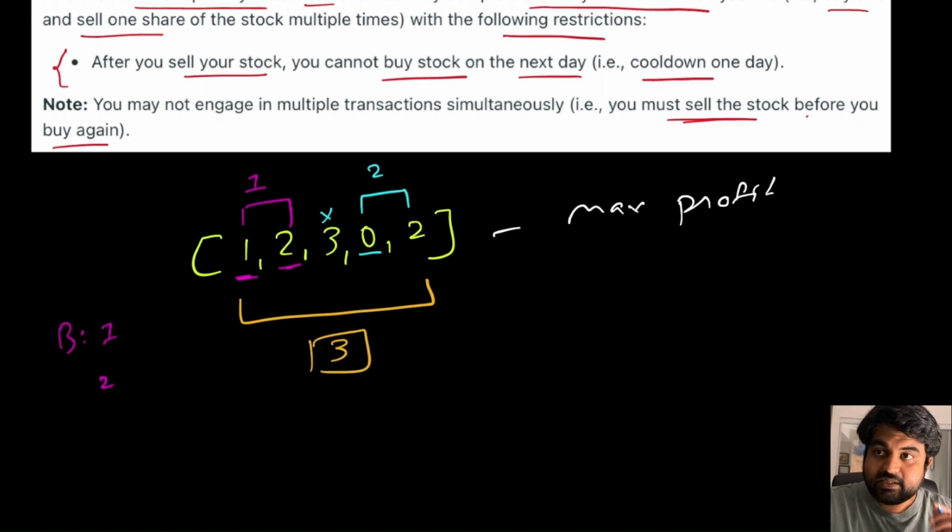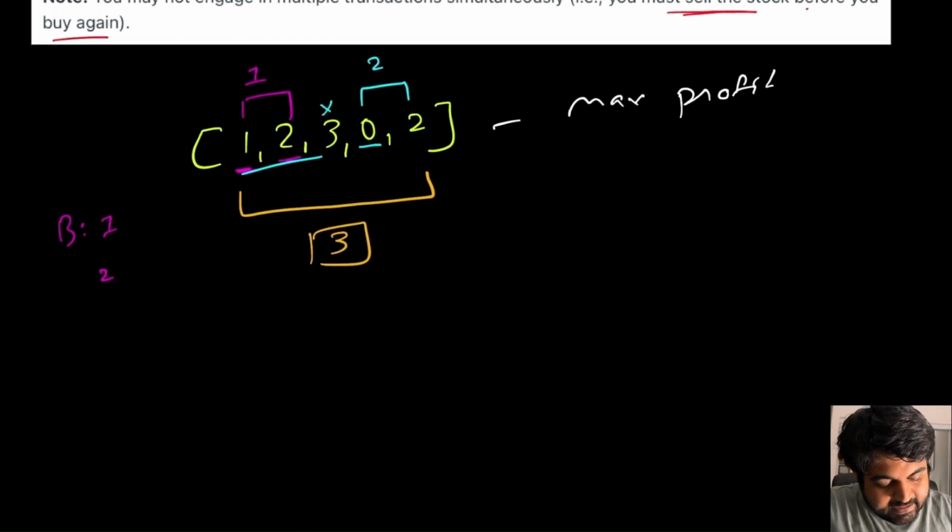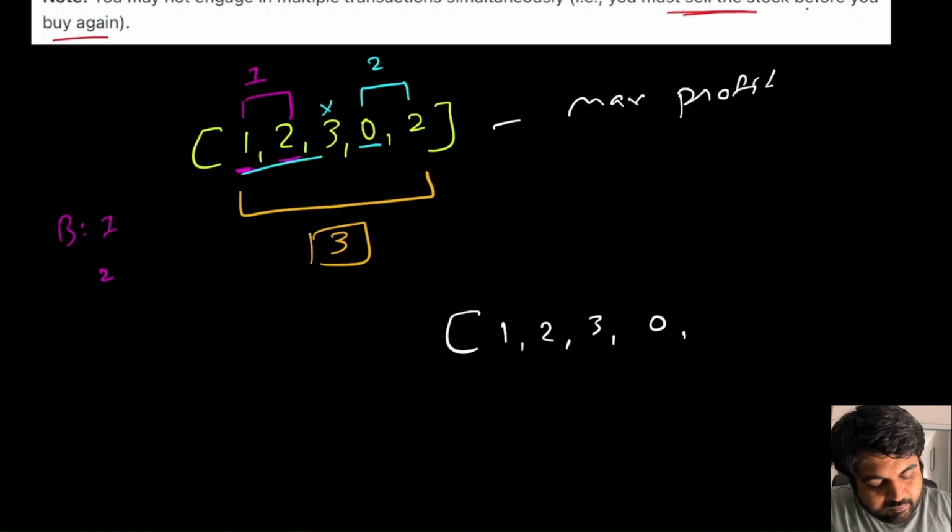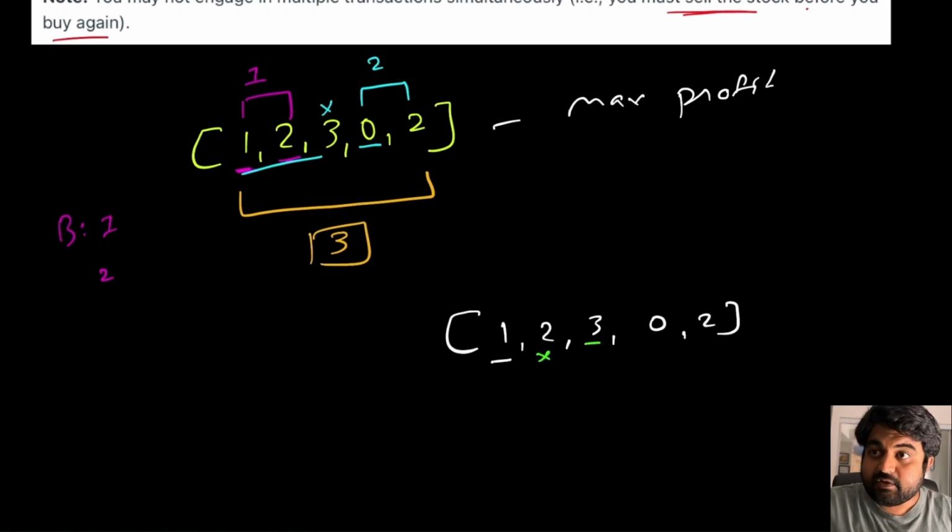Now notice that we did not use the greedy approach and try to maximize our profit in one single transaction. Why? Because if we have already bought the stock on this day, then instead of selling over here, if we decide to sell on this particular day, then our profit for this region would have been 2, but this would not yield the maximum profit.